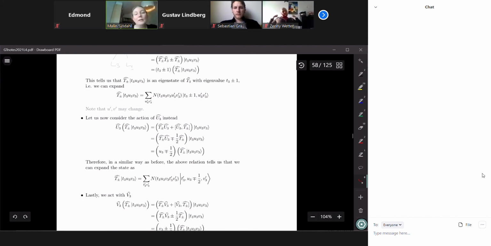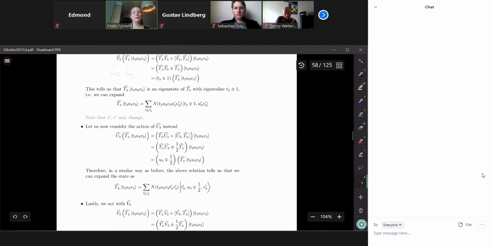So the wisdom learned from this is that when we have acted with U3 on this state, we have recovered that the U3 eigenvalue has changed when T plus minus acted on it. So we got U3 minus plus 1/2 times the state. So the eigenvalue has changed from U3 to this when acted on by T plus minus.